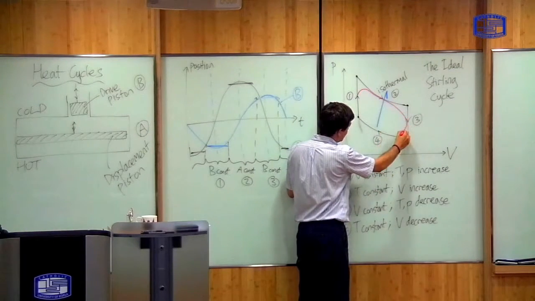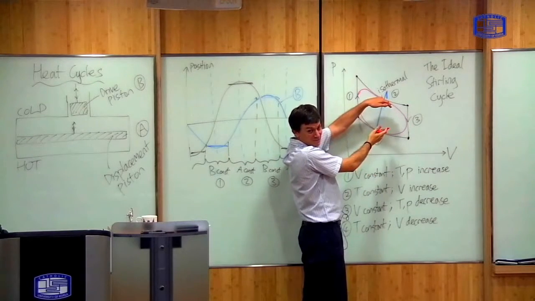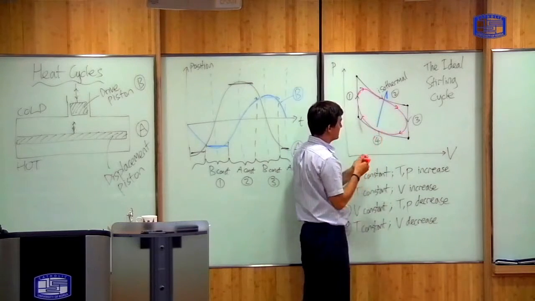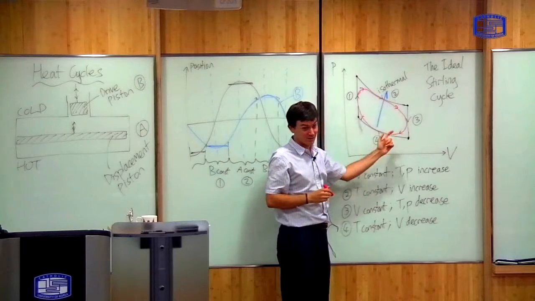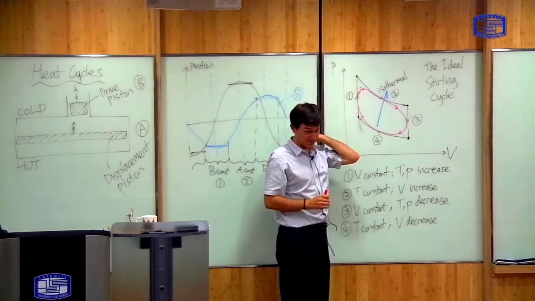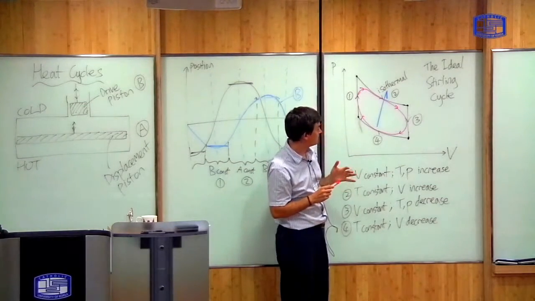So the real cycle will be somewhere in the middle of this, because the volume is never really constant, the temperature is never really constant, it's somewhere inside. But we can treat this black line as an idealized Stirling cycle, which will allow us to do some calculations, which we'll probably do in the next class, I think.